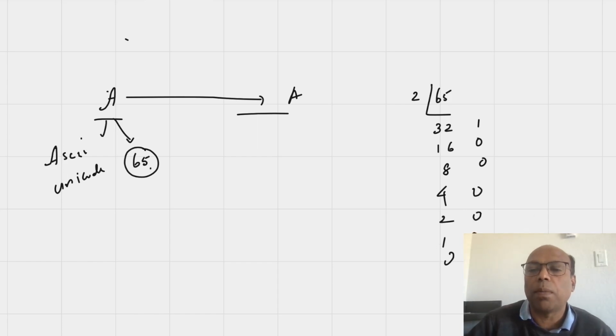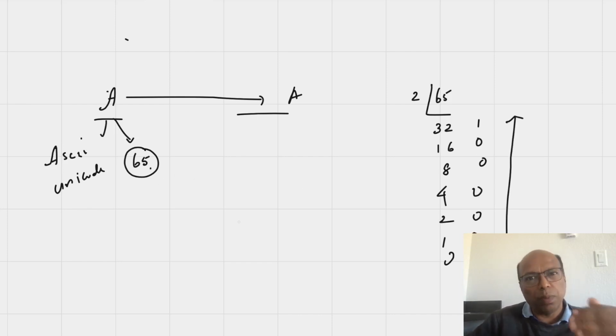A machine can understand only the power supply. It can understand only whether you send power or don't send power. This is called on or off. In this case, the signal 1 means on, 0 means off.